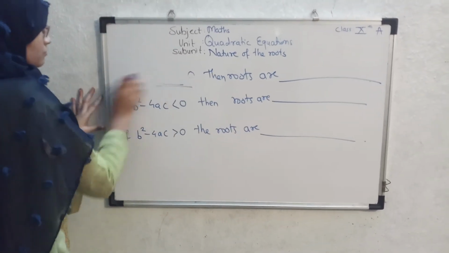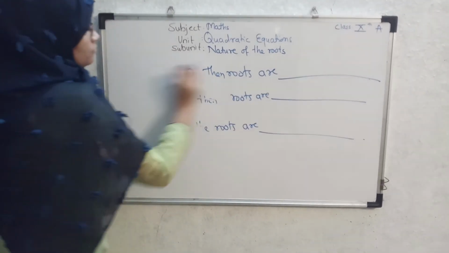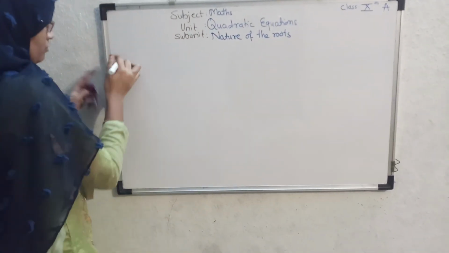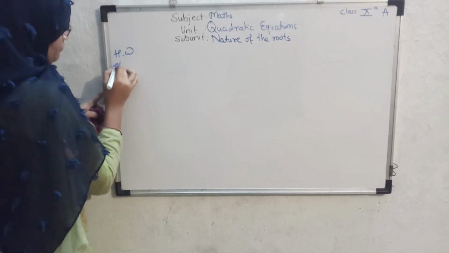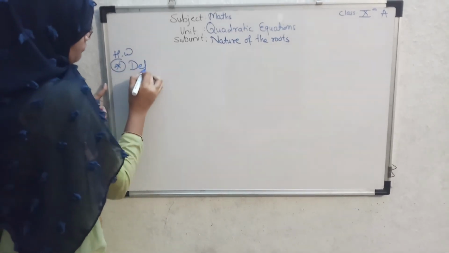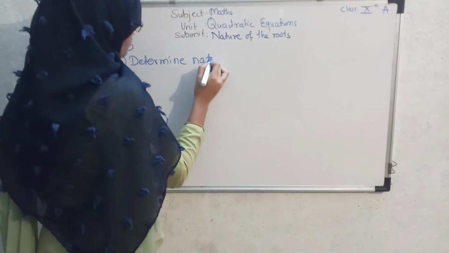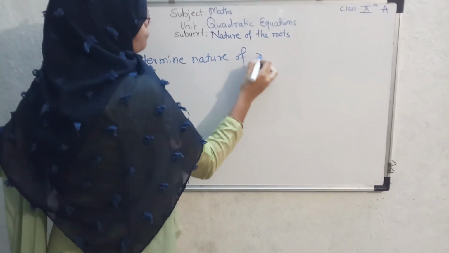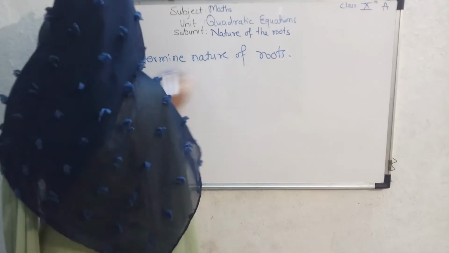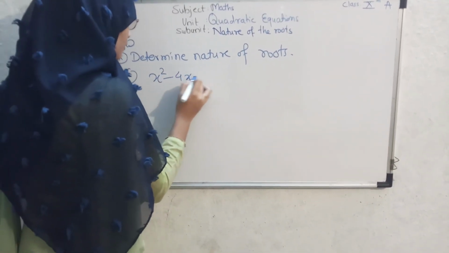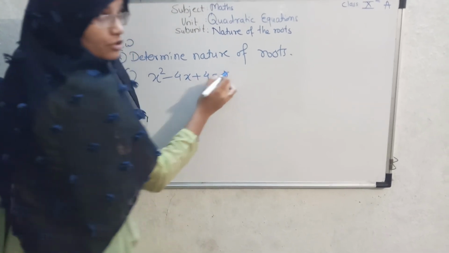Now I will give you some examples to solve at home. You have to find the nature of the roots. Homework: determine the nature of roots. First example is x square minus 4x plus 4 is equal to 0.